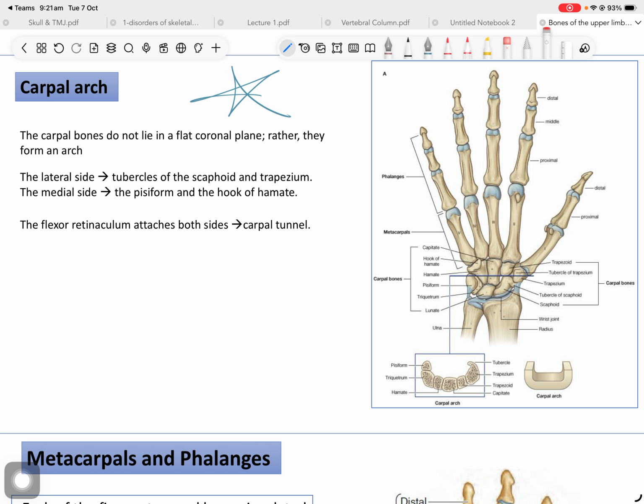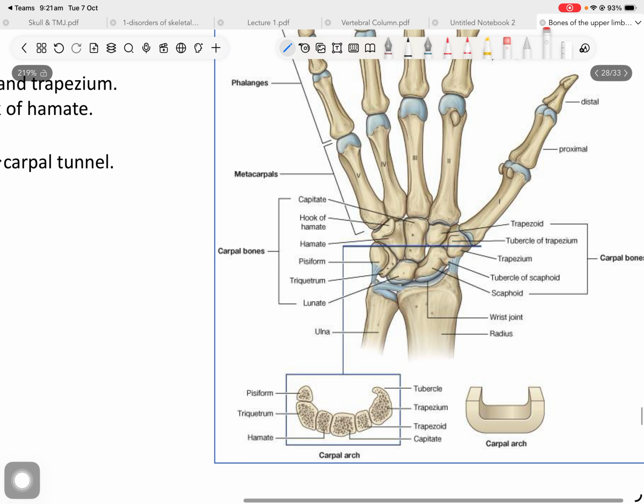These two tubercles form a wall like this at the lateral side. Then medially we said the pisiform is located on the top, and the hamate has a hook. And both these structures form another wall at the medial side.